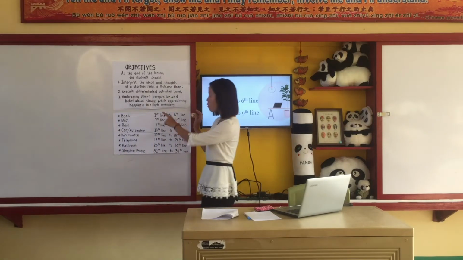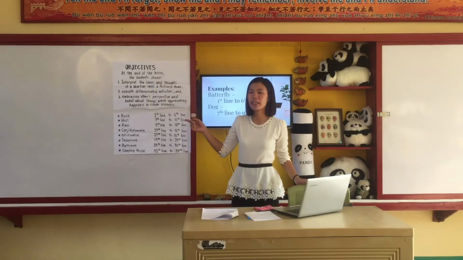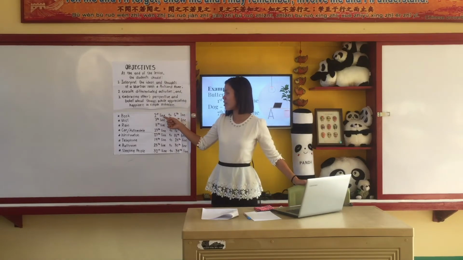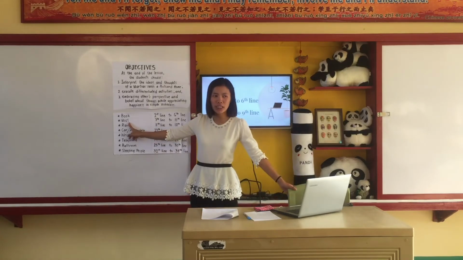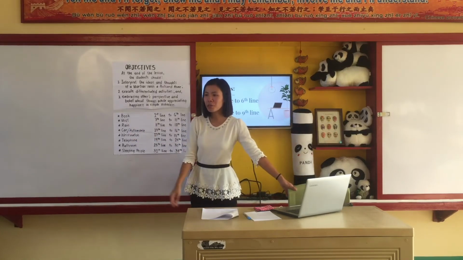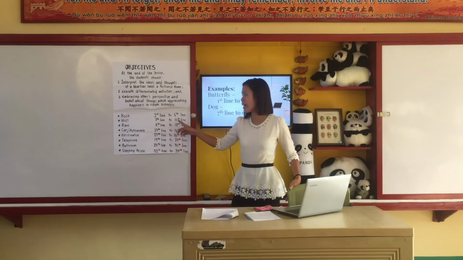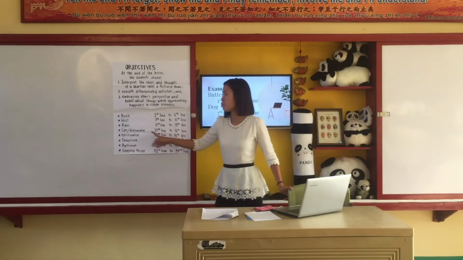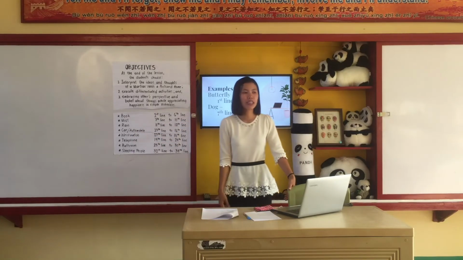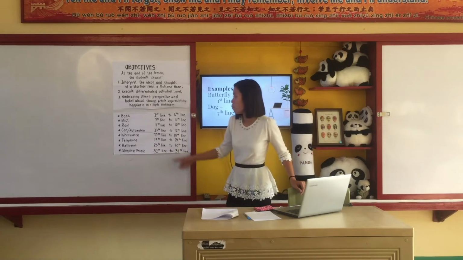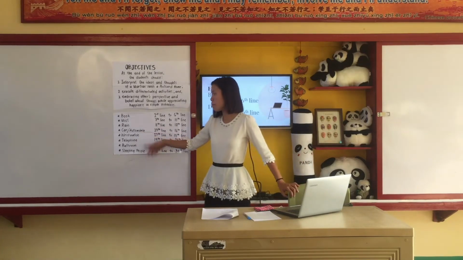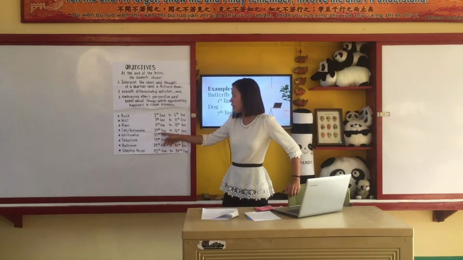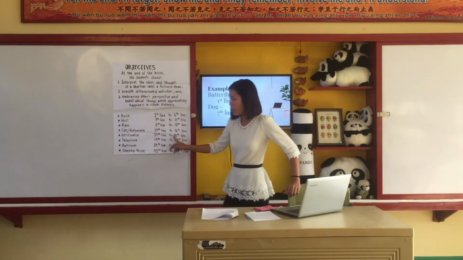Okay. The book is being described in what line? First line to the 6th line. Mist, hamog sa Tagalog, is being described in what line? 7th line to 10th line. Rain, it is being described in what line? 11th line to 12th line. Car or an automobile, from 13th line to 16th line.